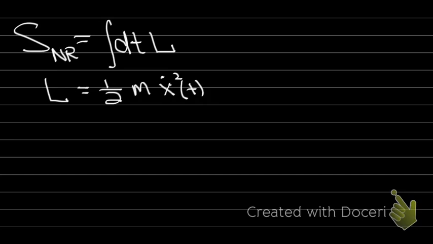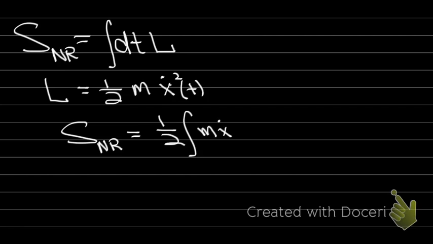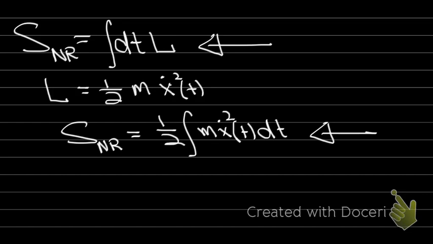Okay, so with that I can write my action for a non-relativistic particle as half times the integral of m x dot, which is a function of time, squared, and dt, of course. So I used this definition for action to write this expression.